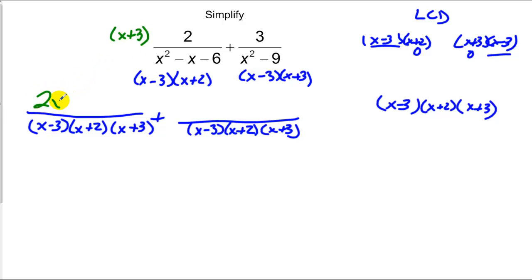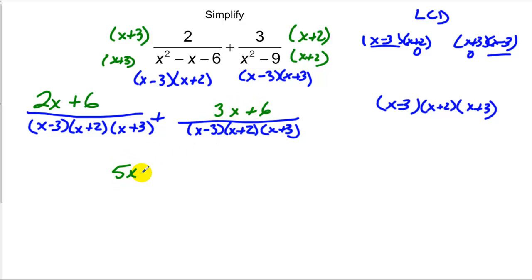Distribute through, get 2x plus 6. In this next term, I'm missing the x plus 2. So I have a 3x plus 6, giving me 5x plus 12 over x minus 3 times x plus 2 times x plus 3. No common factors, therefore everything's reduced.